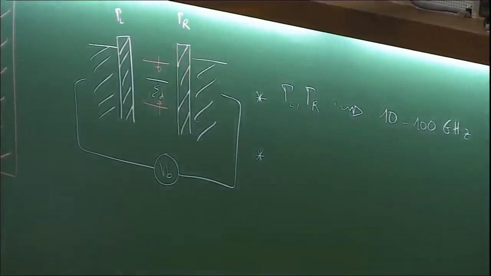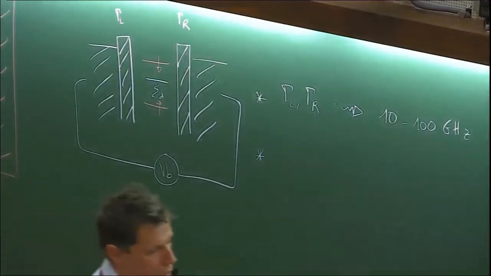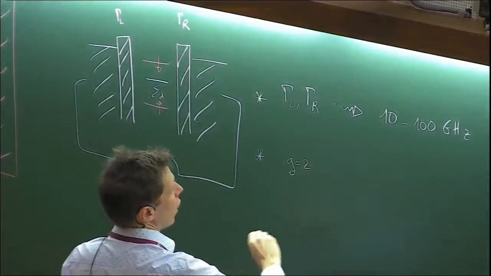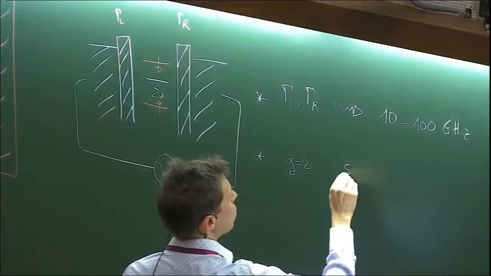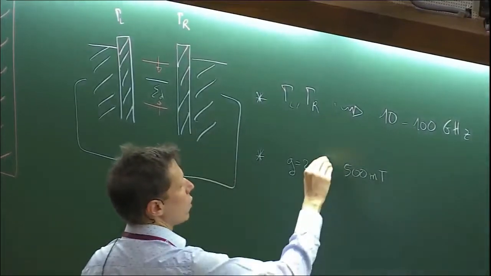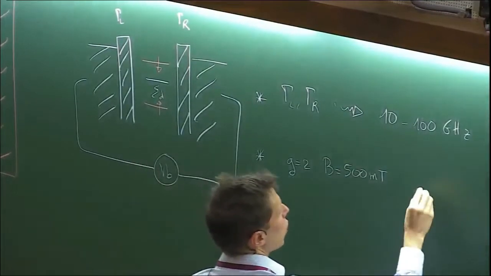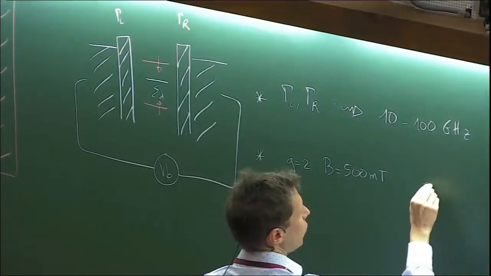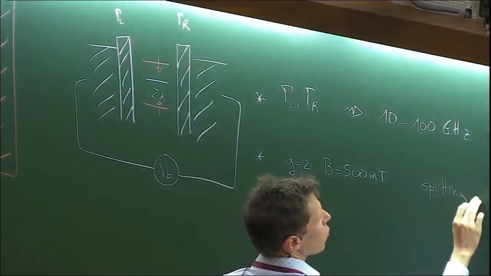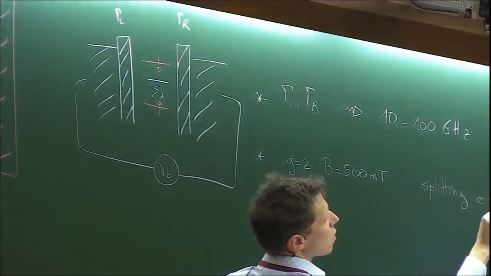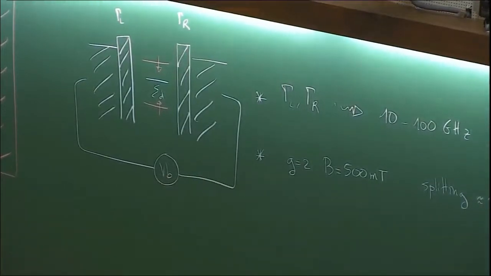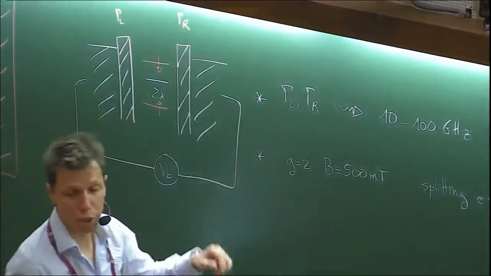If I have a g factor of 2 and I apply 500 millitesla on the dot, this will lead to a spin splitting, a Zeeman splitting, of about 14 gigahertz. So you see there are at least two energy scales which are in the microwave range.